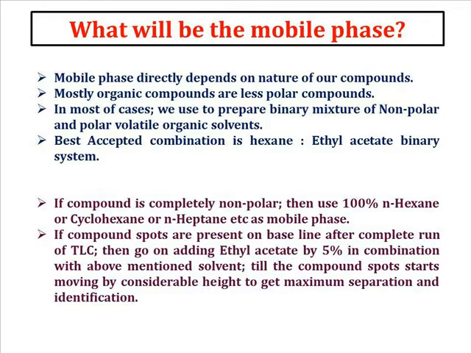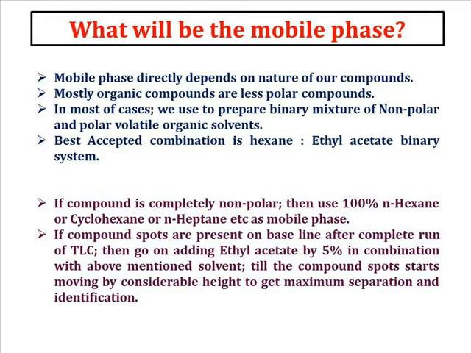We normally use this combination because in 90% of organic reactions, every compound has somewhat polarity, and we all know that like dissolves like. So if you use a completely non-polar solvent, then the spots will not move upward.